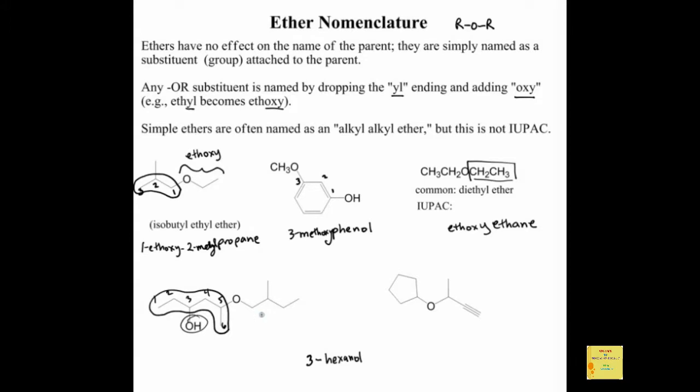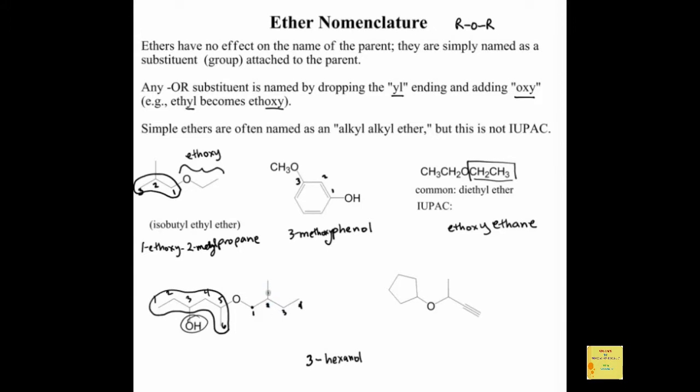And what are we going to call this group? Now again, this is not a simple methyl, ethyl, or propyl. So what we need to do is figure out how to name this. What we're going to do is our little mini IUPAC here. Remember, by definition, the point of attachment to the parent must be defined as carbon number 1. And so we number from there, 1, 2, 3, 4. So this would be a butyl group, but it's not just a butyl group.